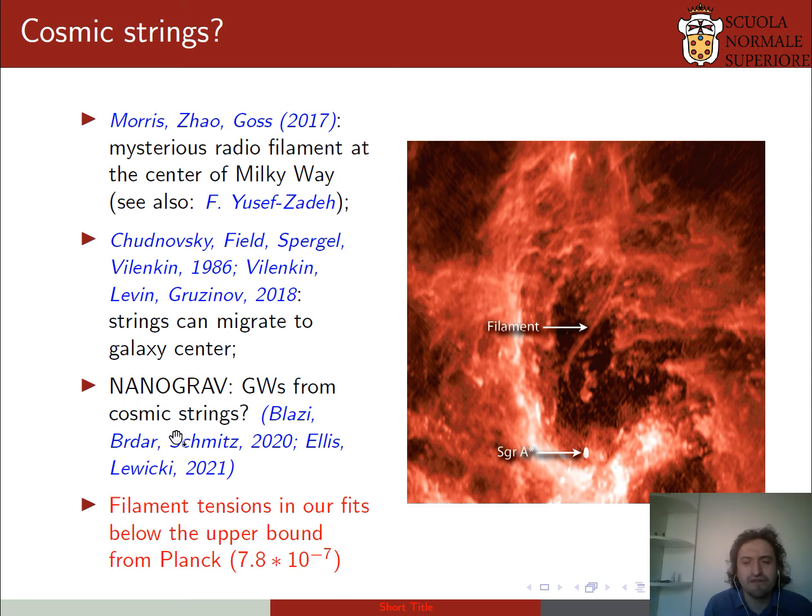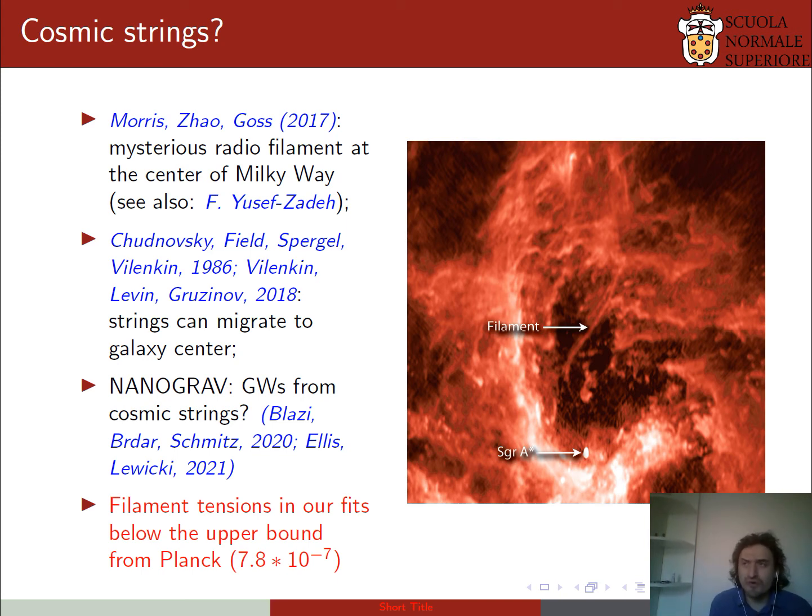Then we have the NANOGrav results. The recent interpretation, published around September last year, is that the results of pulsar timing observations could be related to gravitational waves produced by cosmic strings.